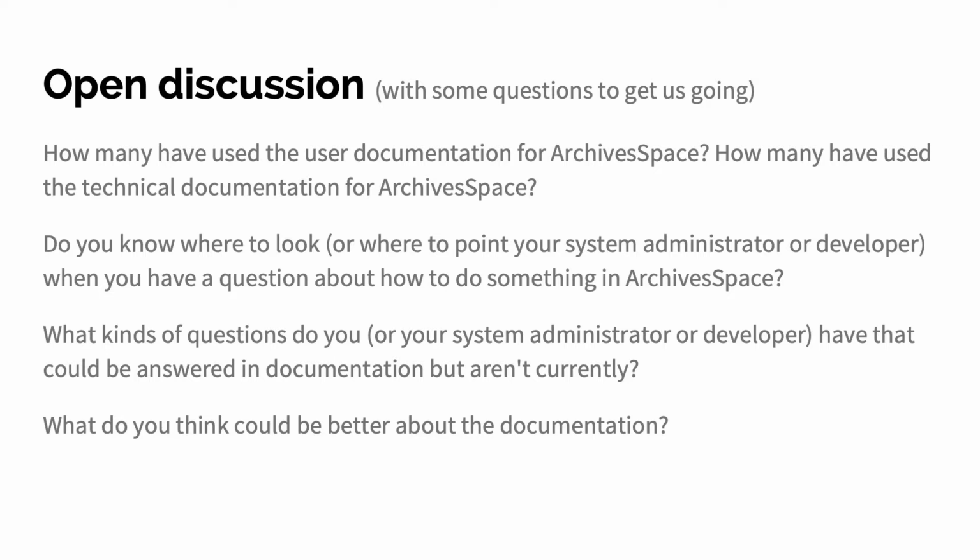We have a multi-repository situation in a single instance, and there really isn't documentation about managing the different parts. When I'm in my repository, I see an agent record that I think is not attached to anything, but it could be attached to something in another repository, and I can still delete it.